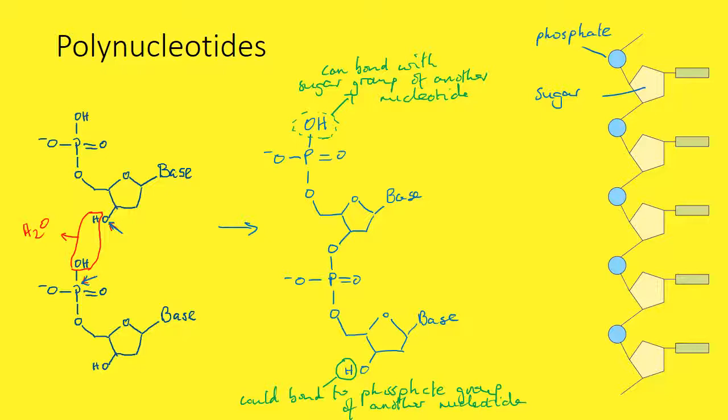And then of course this part is the base, and you can see that you've joined 1, 2, 3, 4, 5 nucleotides together in this arrangement, and it all looks quite tidy. So you've got a polynucleotide here, and DNA actually consists of 2 polynucleotide molecules that hydrogen bond together, and that becomes the subject of the next video.